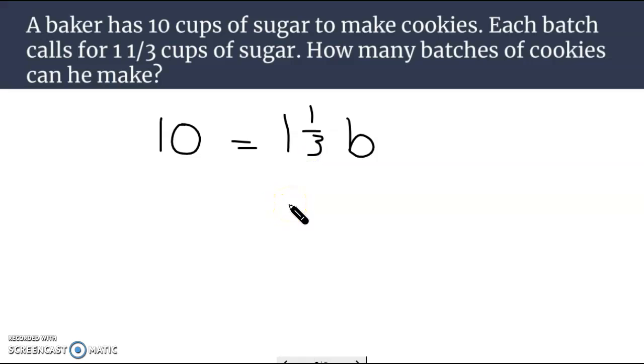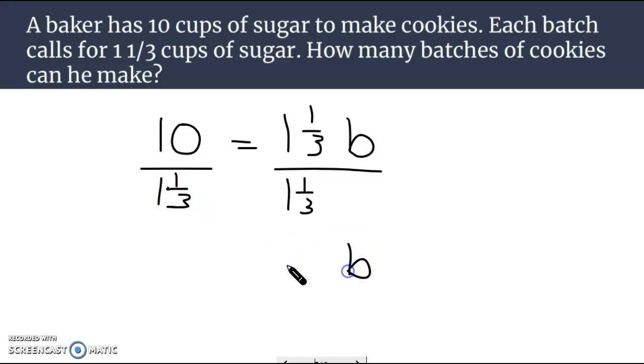Alright, so we need to divide both sides by 1 1/3 in order to solve this problem. I'm dividing by 1 1/3 here, dividing by 1 1/3 here. That gets B by itself for the number of batches.